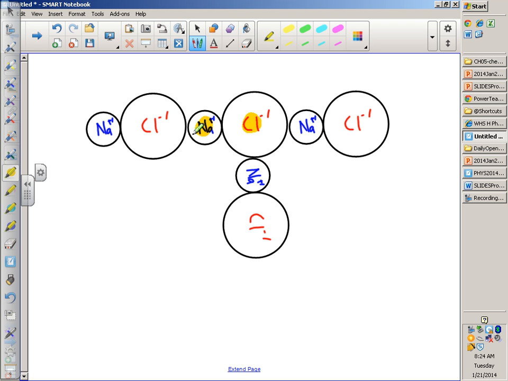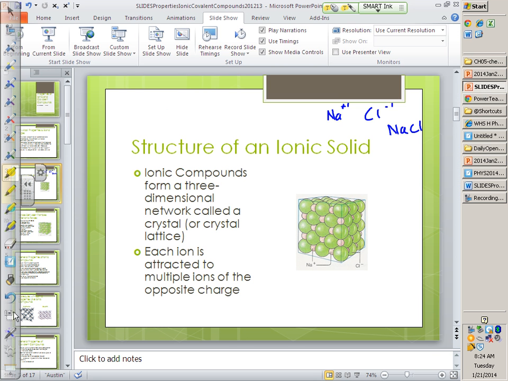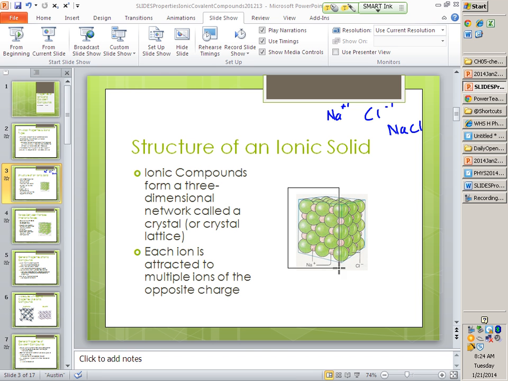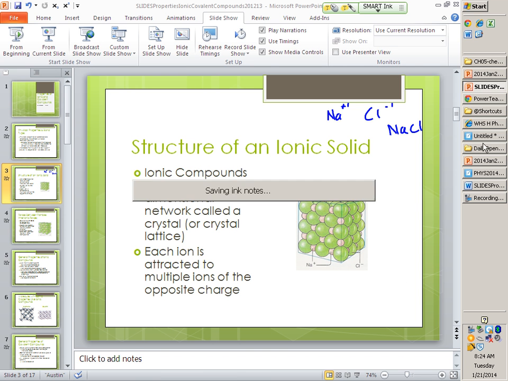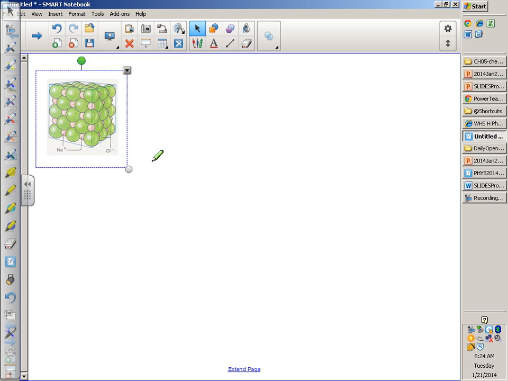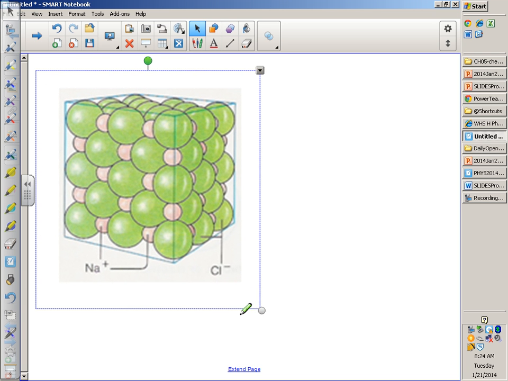And if we keep doing this, we would keep adding positives onto negatives and negatives onto positives, and eventually we would end up with this picture right here, where you have a whole bunch of positives attached to a whole bunch of negatives. Okay? This structure here is what we call a crystal, or a crystal lattice.